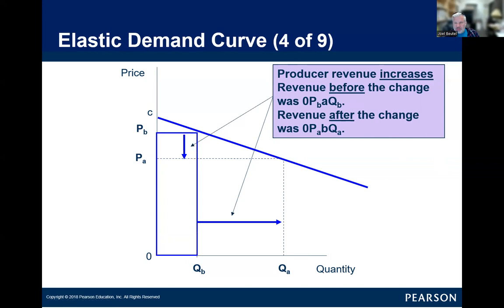And really, let me change this before I forget. That really should be PB times QB, and the revenue after change PA times QA. Yeah, definitely some formatting issues from this publisher. So it is what it is, but there we go.